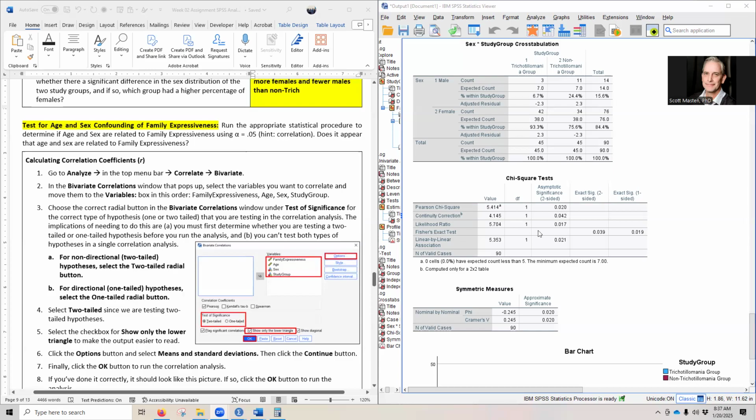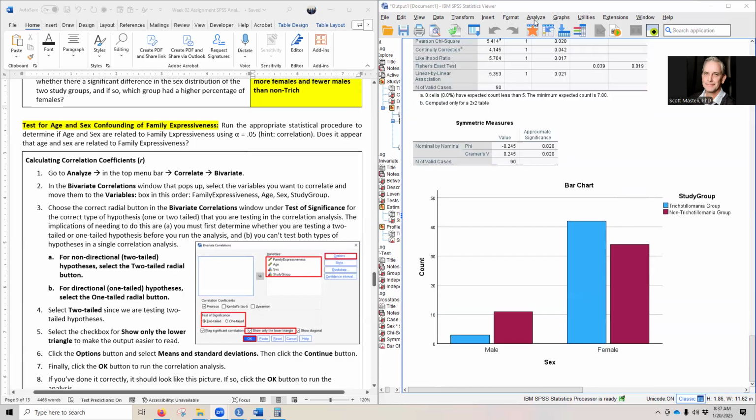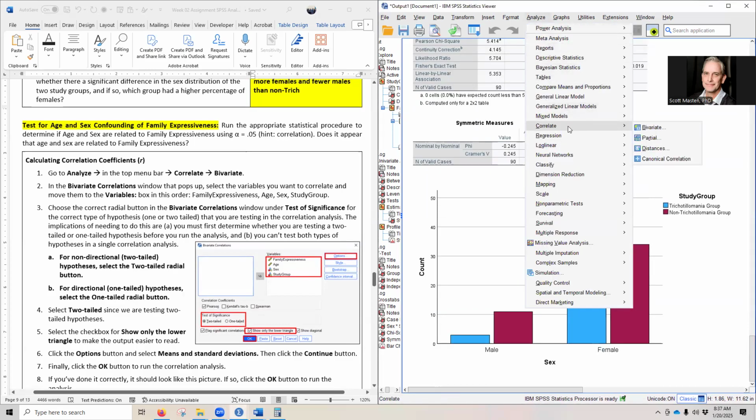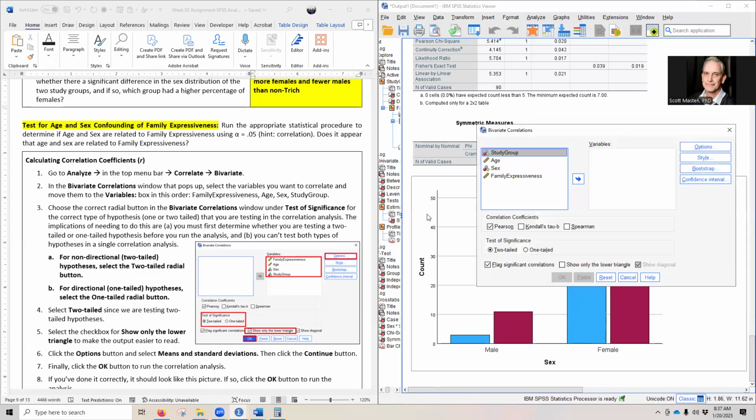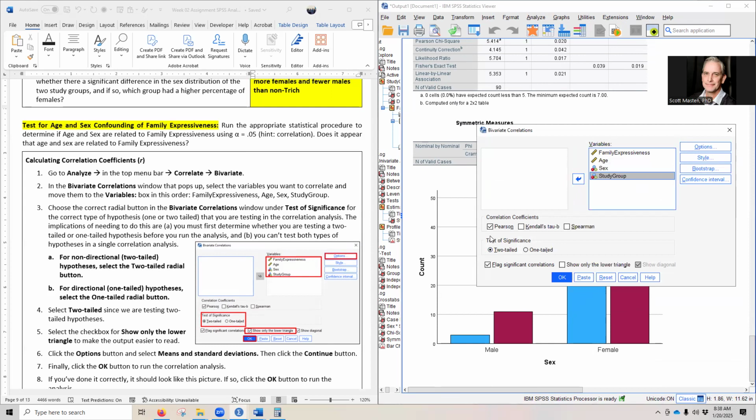So to do that, we're going to do a bunch of correlations. So those are going to be Analyze, Correlate, Bivariate. And I tell you a very specific order to do these. So put them in the following order: family expressiveness, age, sex, and then finally study group. Two-tailed is correct.